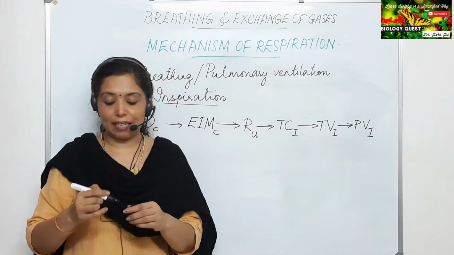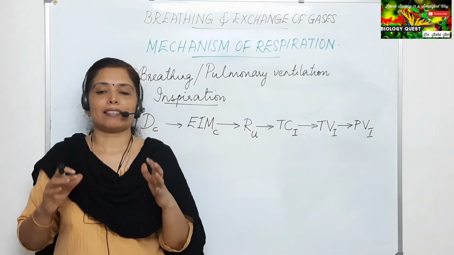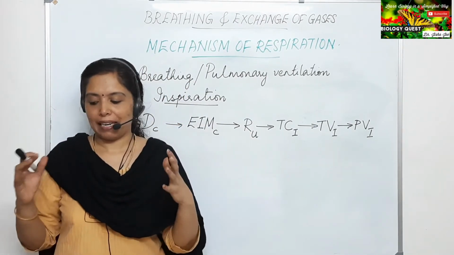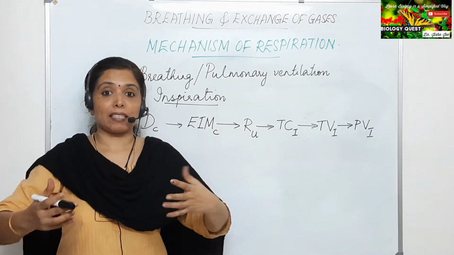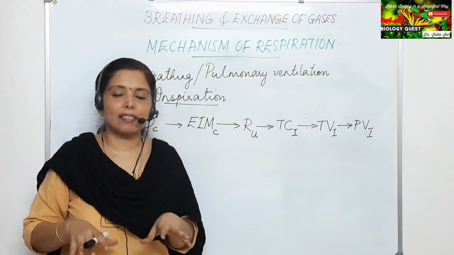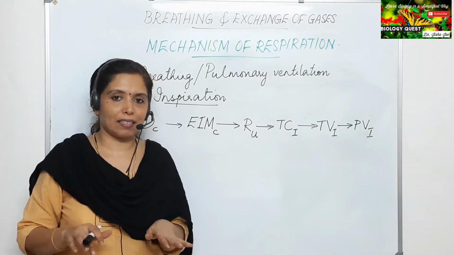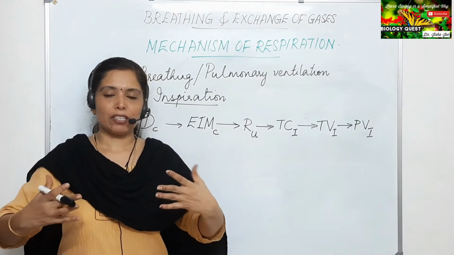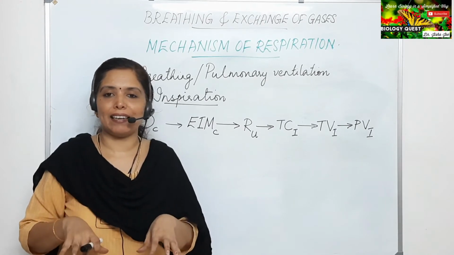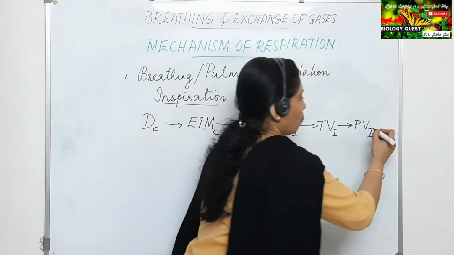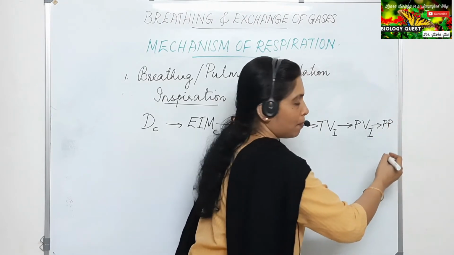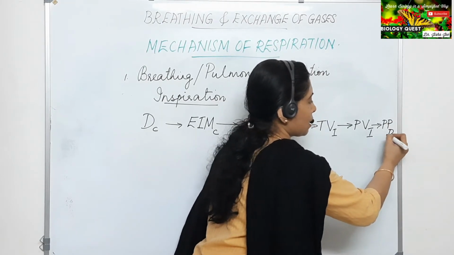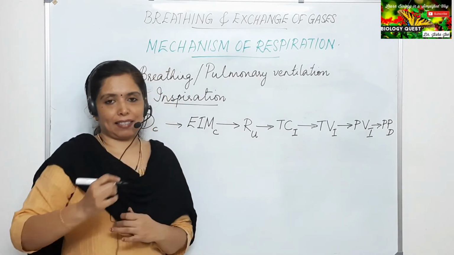There will be an increase in the size of the lungs. When the lungs expand, the pressure inside the lungs decreases, isn't it? So pulmonary pressure, PP stands for pulmonary pressure, decreases.